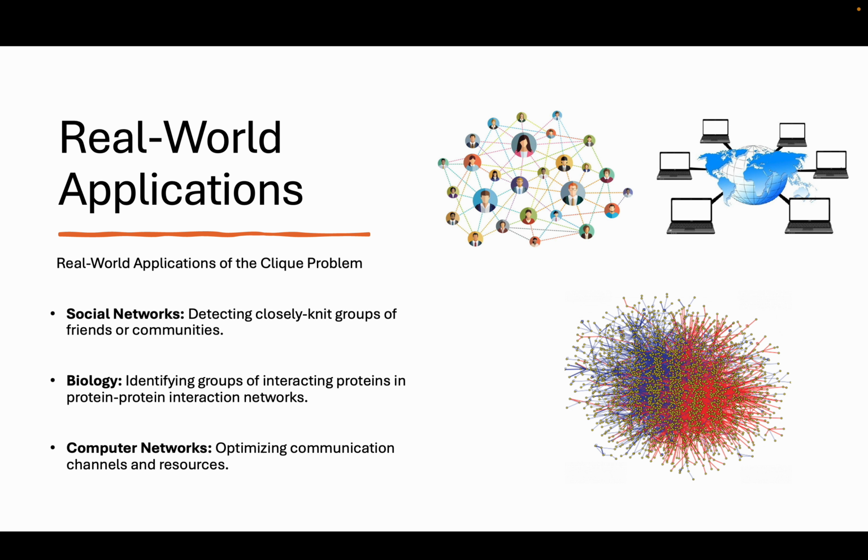These groups are called cliques. By understanding these groups, the platform can suggest new friends or identify important groups of people like influencers or communities, which helps improve the overall user experience.